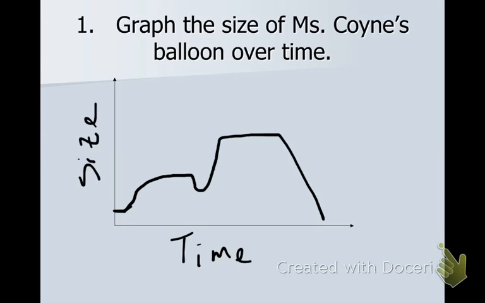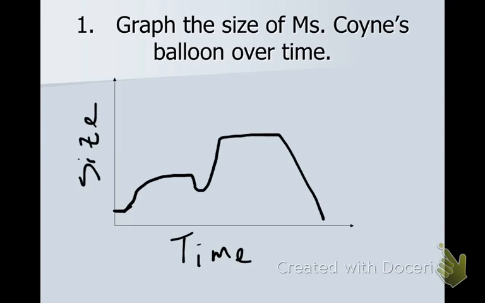She took a big breath, blew some more air into it, right? Got to here. And then what happened from here to here? She tied the balloon. What's that? And then it popped. Or it lost air. Pretty good. It definitely lost air. Maybe it popped. We don't know for sure, but it's a pretty good, reasonable explanation, right?